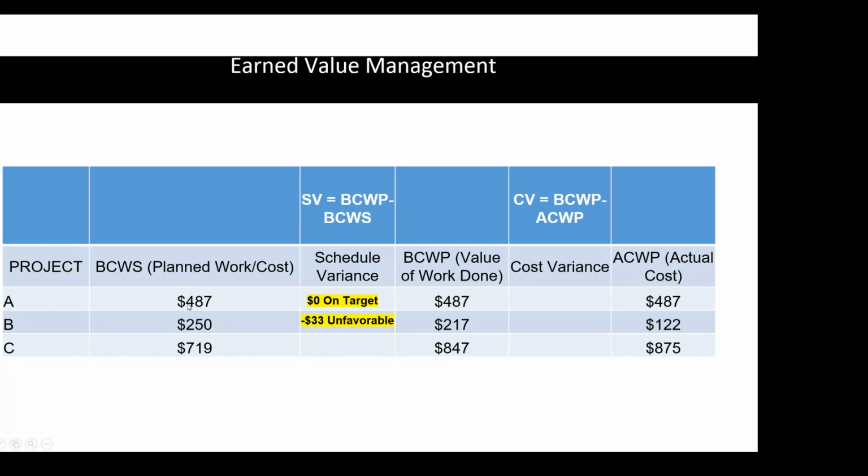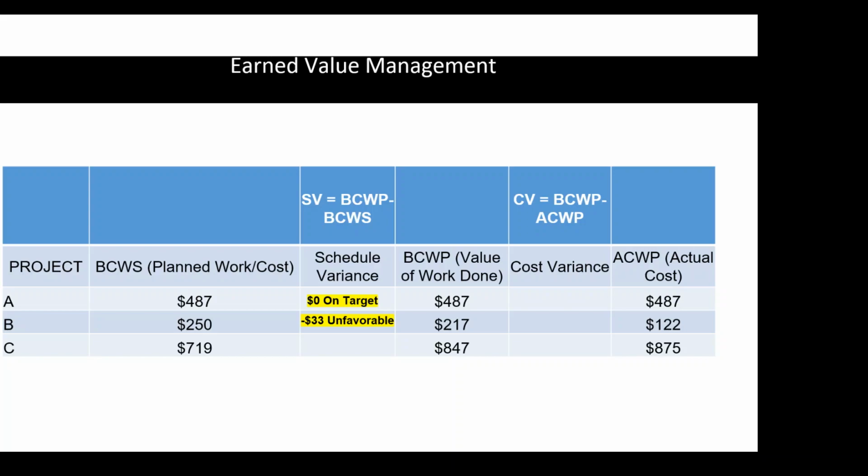So if it was valued at $250 when I planned it, and now your value is only $217, the difference, BCWP minus BCWS, is a negative 33, which is unfavorable. So when you sit down with a contractor, you're like, hey, what's going on?